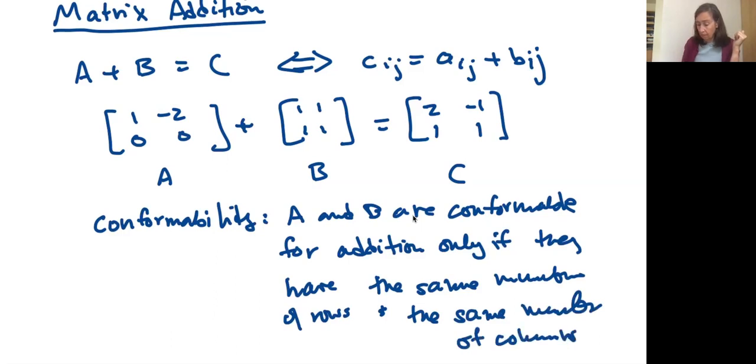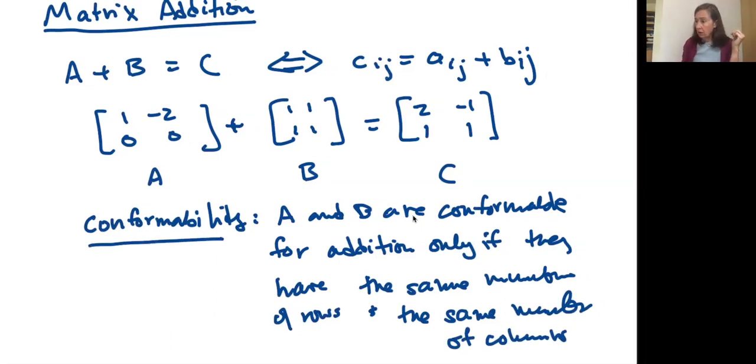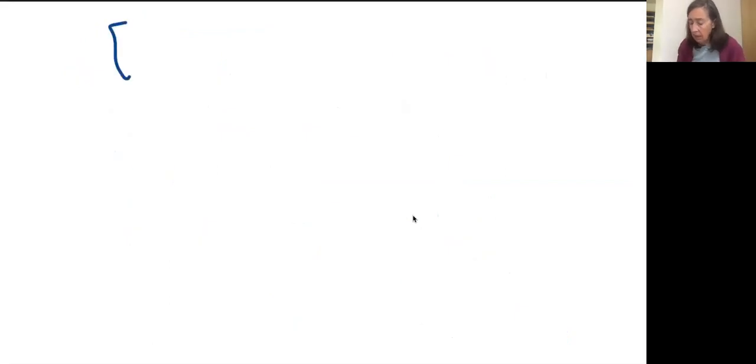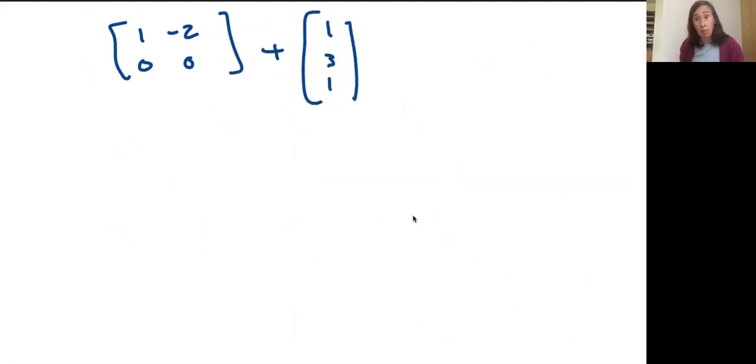Okay. So if we had that same A matrix, 1, -2, 0, 0, and we want to add 1, 3, 1, this 3 by 1 column vector, sorry, that's not going to happen. Okay, so this is not defined.